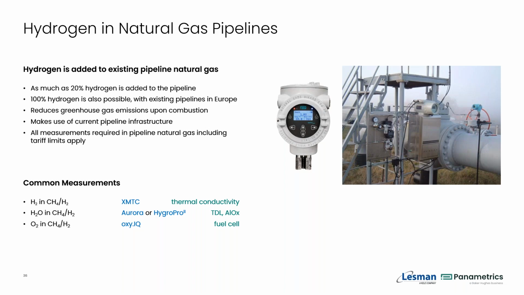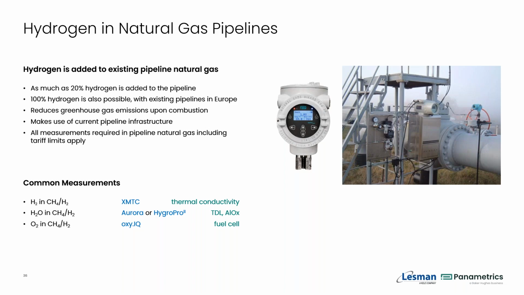So either you're going to be in the 0 to 20% hydrogen range, or, as we're seeing in many places in Europe, saying no natural gas. We're going to put just hydrogen into that natural gas pipeline and move the hydrogen from point A to point B using natural gas pipelines that are either being repurposed or needed to be repurposed for whatever reason.